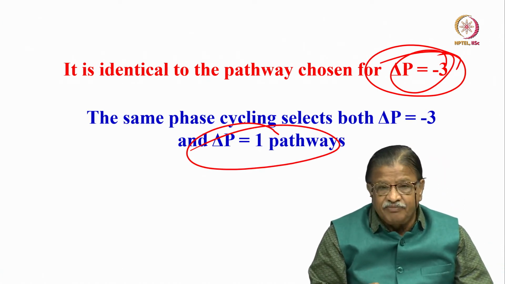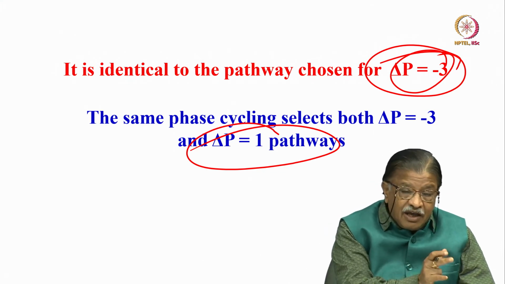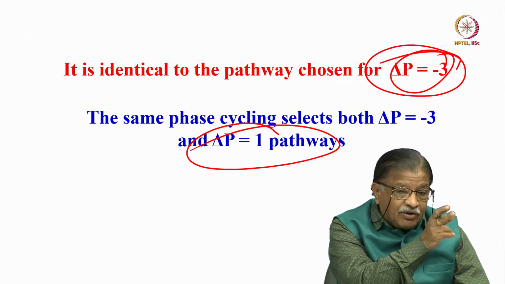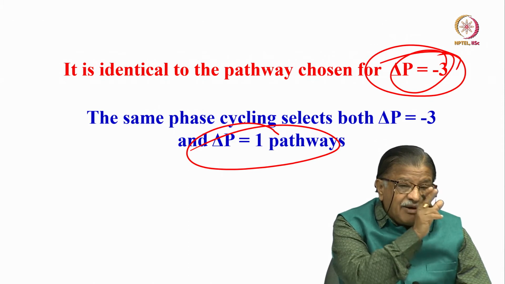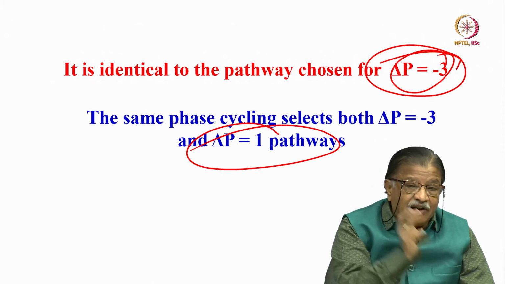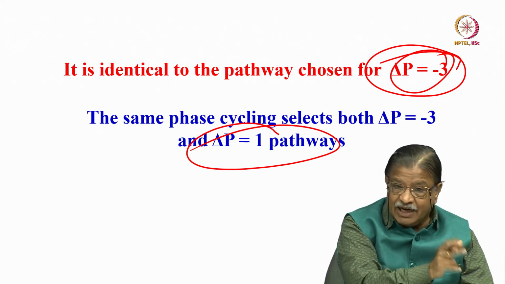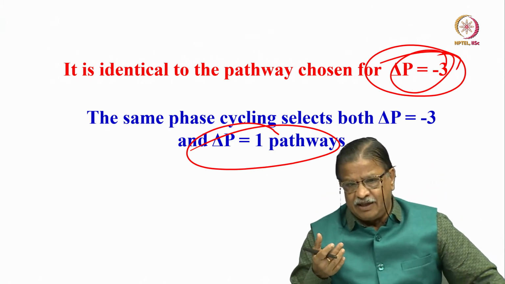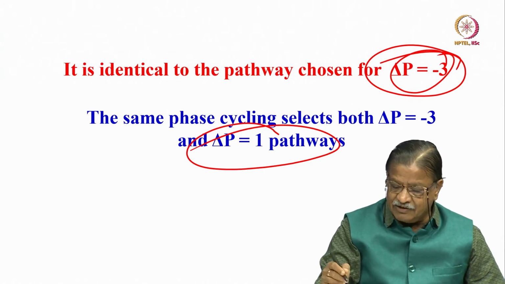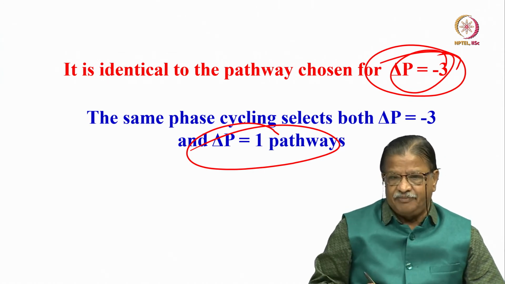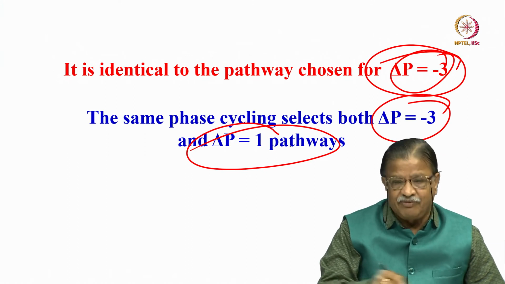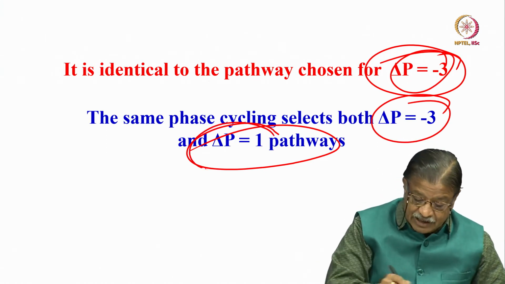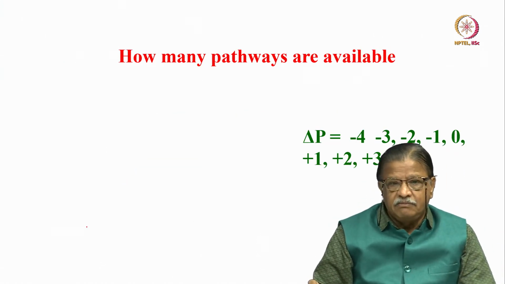Both are identical. Only thing we saw, phase cycling for delta p equal to 2 is different. That is why phase cycling chosen for minus 3 will not accept that, it will reject it. You will not get that through. To select that delta p equal to 2, you should have a different phase cycling. You cannot have that. So as a consequence, delta p equal to minus 3 will not select that, whereas delta p equal to minus 3 phase cycling will also select delta p is equal to plus 1.